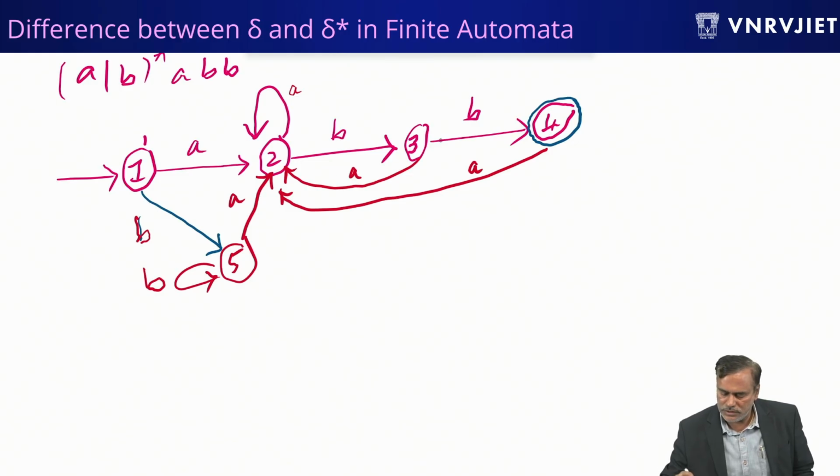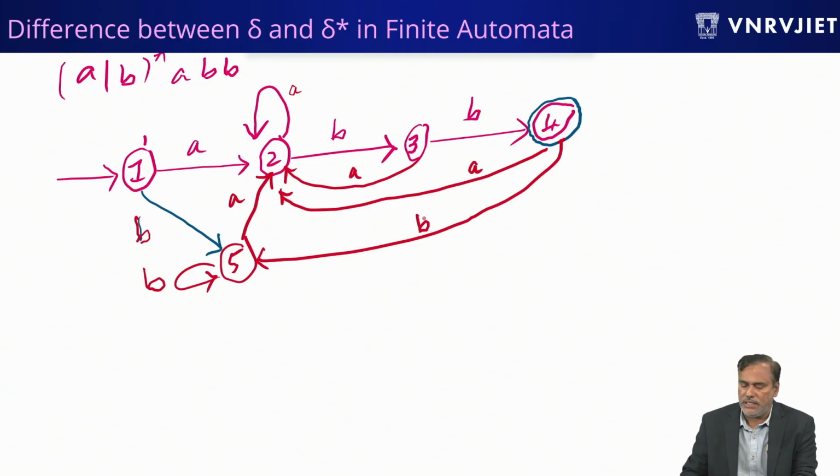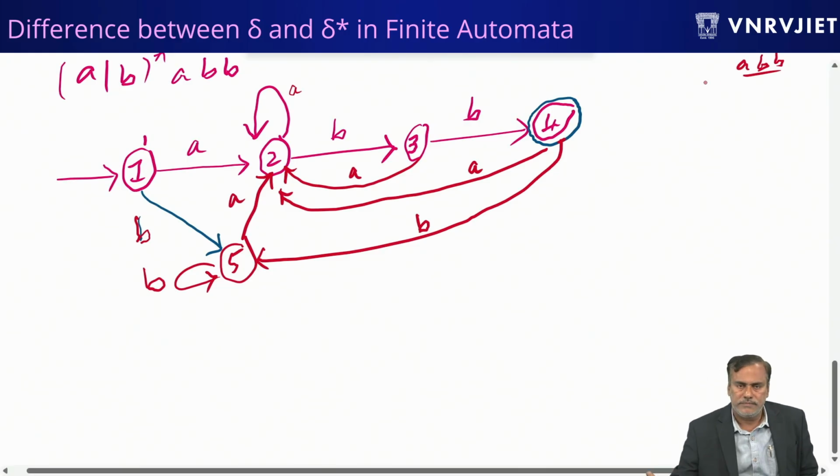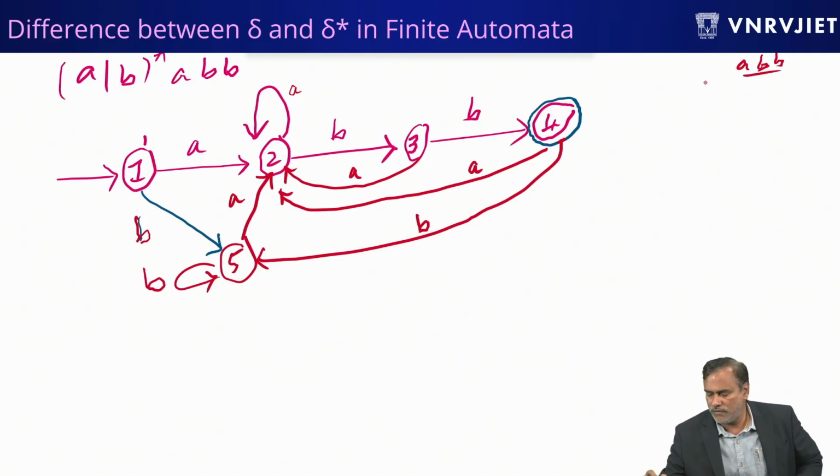With respect to 3, you have transitions on both A and B, also for 2 and 1, but you don't have an outgoing transition from 4 on input symbol B. So this is a DFA. The language is the same: every string must end with ABB, preceded by any combination of A's and B's.